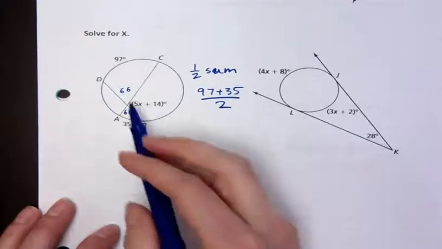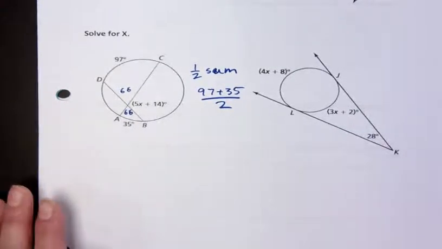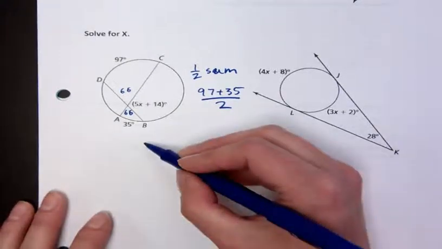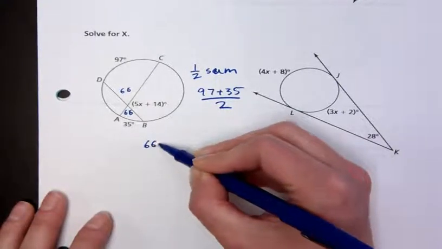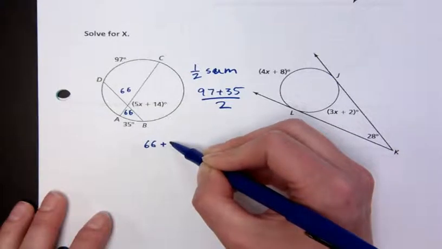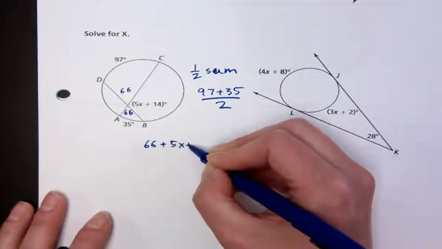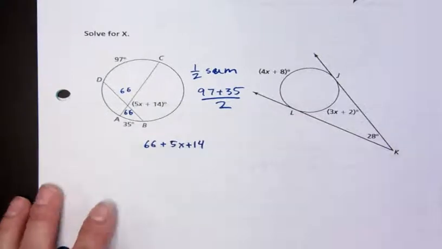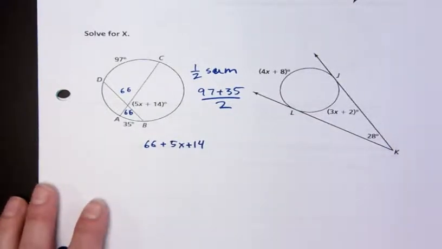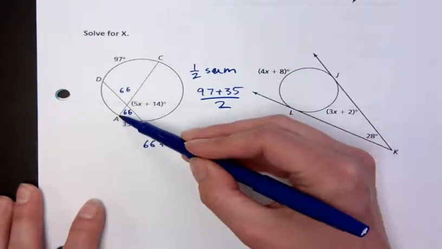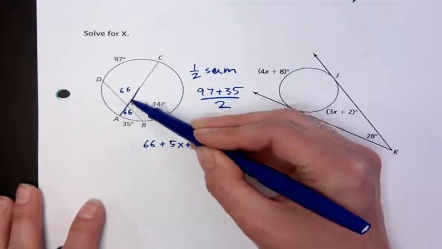Okay, so if that's 66, what am I going to do now to solve for x? Which would equal the 5x and the 14? So 5x plus 14 all equals 360. So here I'm going to go with the linear pair, which is going to be the easiest way to do this.